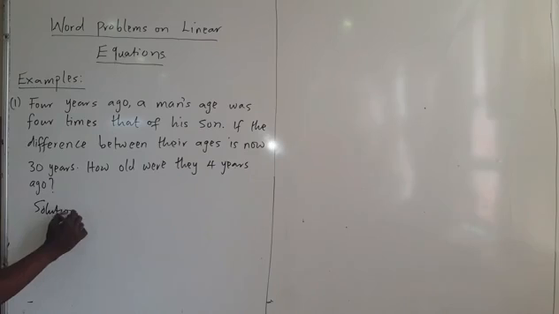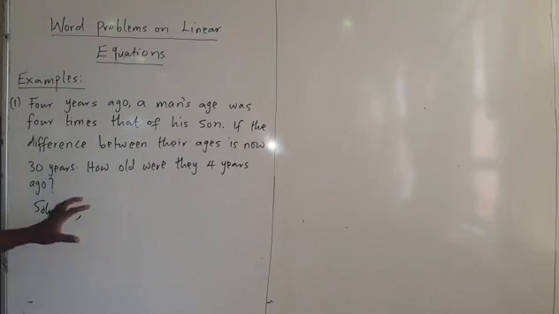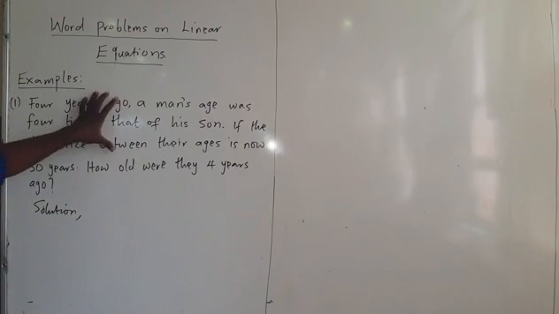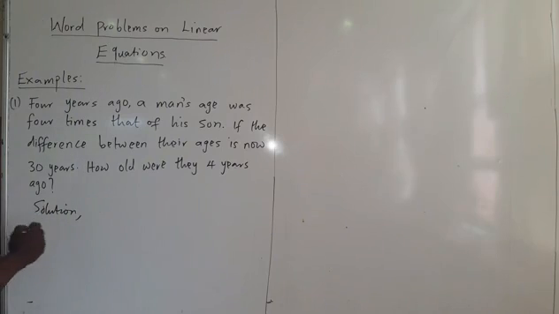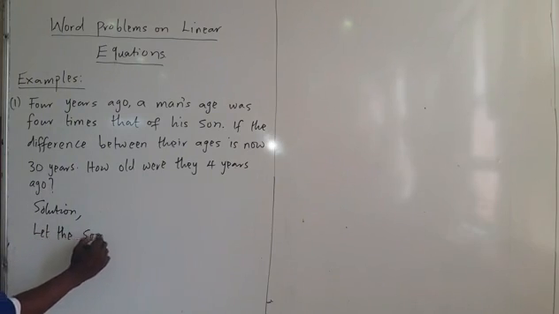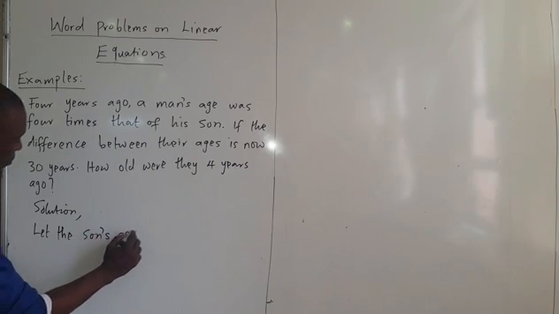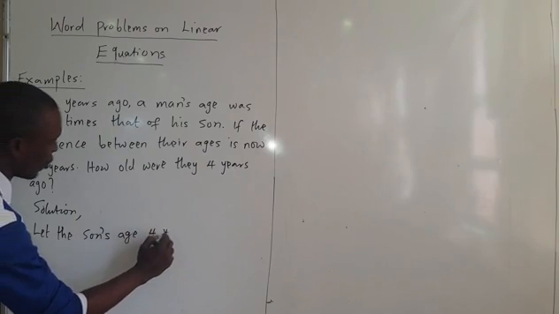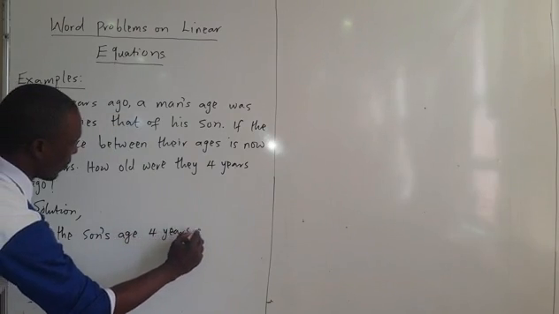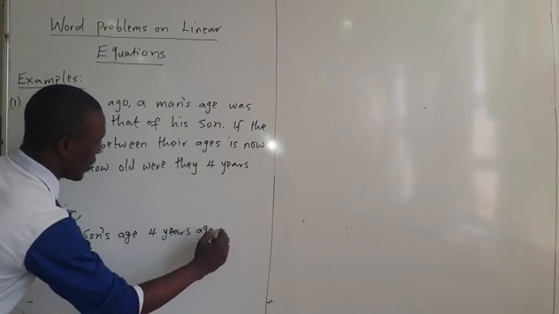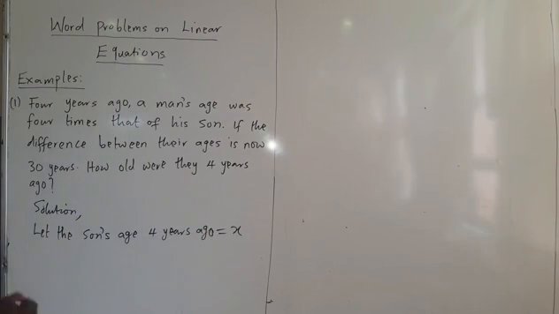The first thing to do is to know how to interpret the word problem. You are to write this word problem mathematically. So let the son's age 4 years ago equal x.